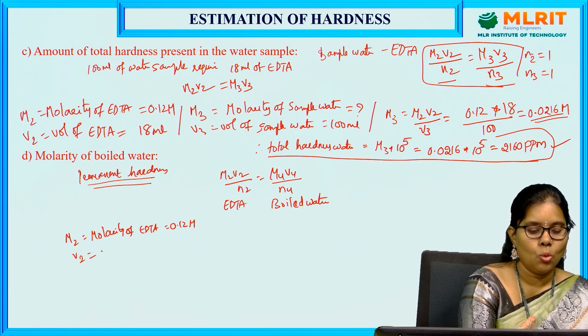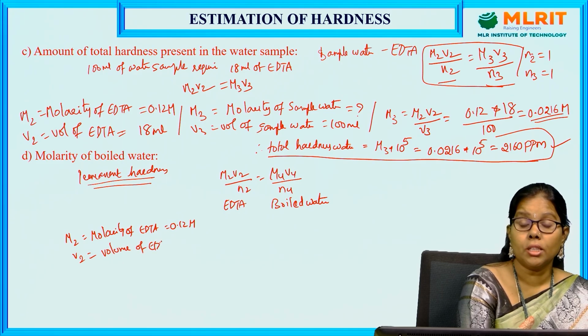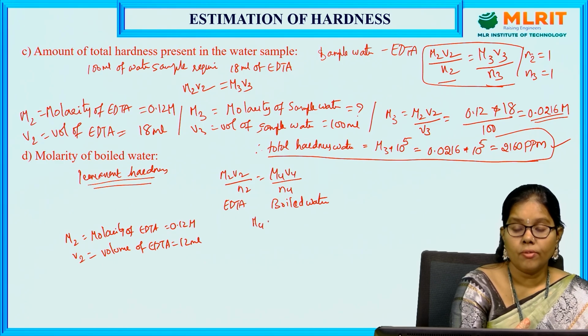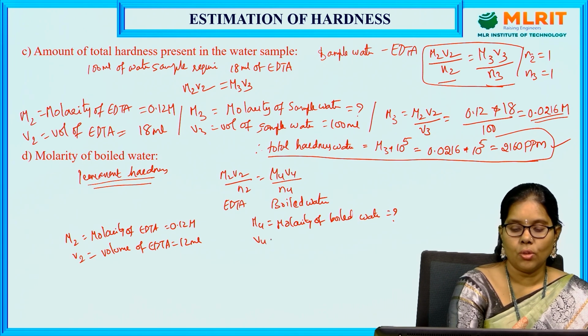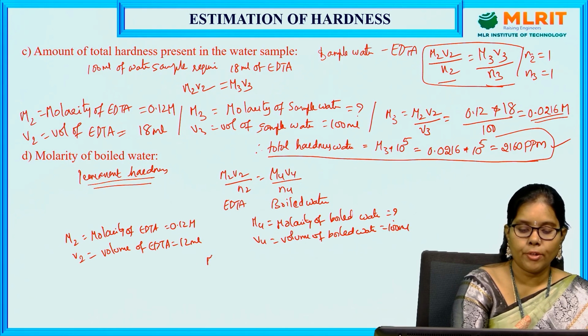V2, volume of EDTA consumed, is 12 ml. M4, molarity of boiled sample water, we have to find out. V4, volume of boiled water taken, is 100 ml. So we have to find out M4.